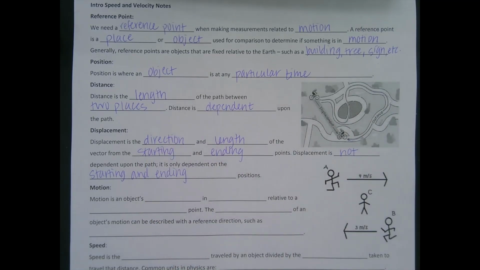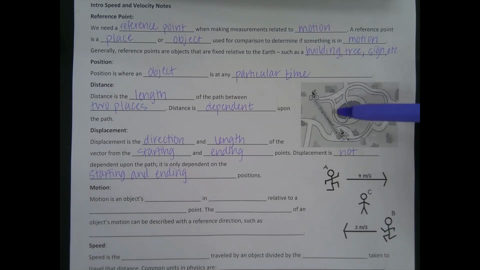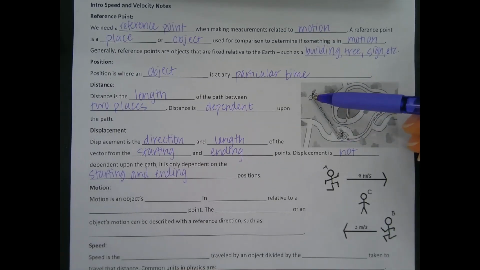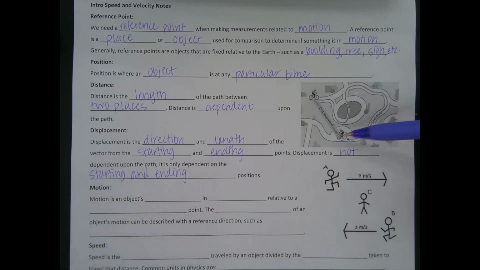This is like your most direct point from A to B. So yes, the person riding the bike went all of this distance, but their displacement is only from their starting to their ending position.